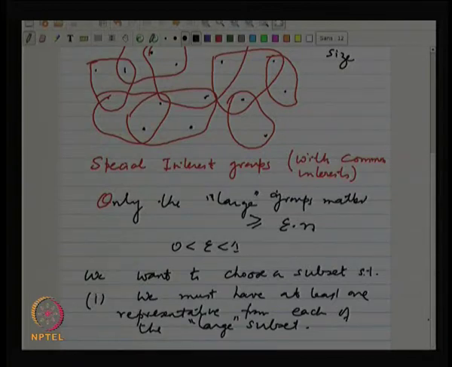And of course, the objective is not just to have at least one representative. This subset that we choose, we want to choose as small a subset as possible to satisfy the condition that every large subset is represented.